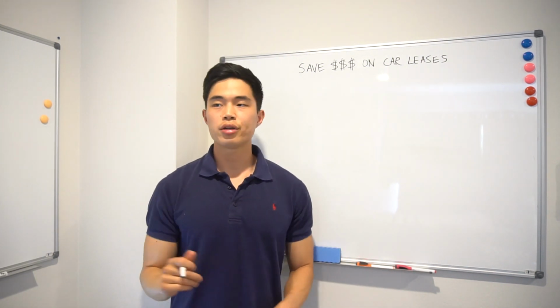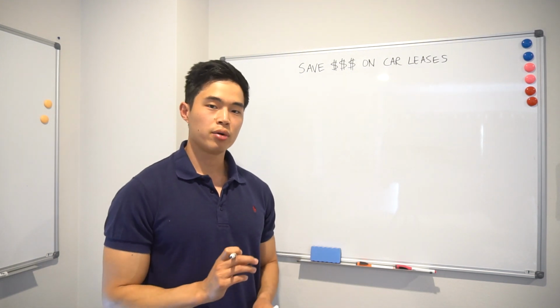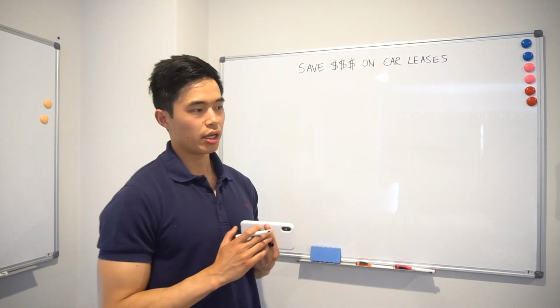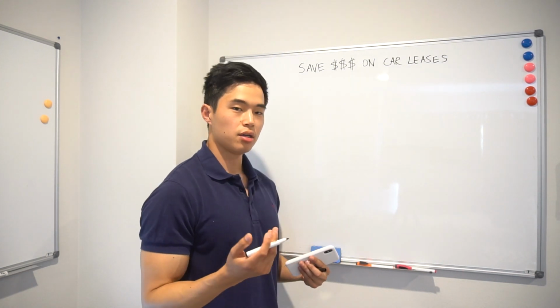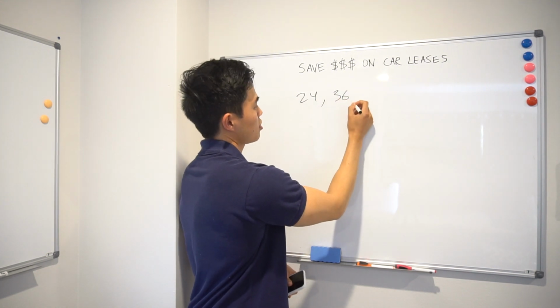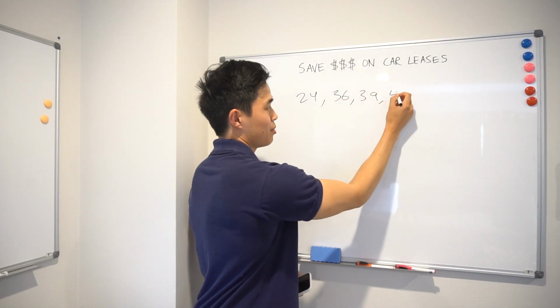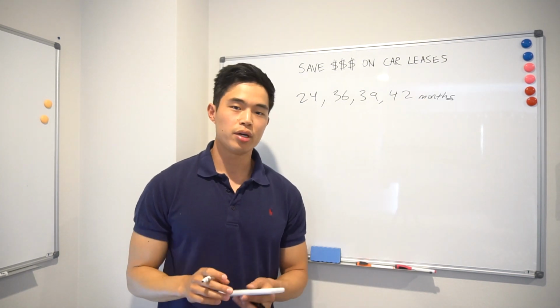When you lease a car, you're going to be faced with a couple of decisions. One of them is how long you want to lease the car for. In the US, I think the current popular lease lengths are typically 24 months, 36 months, 39 months, and sometimes 42 months. You also get to choose how many miles you want to drive per year.